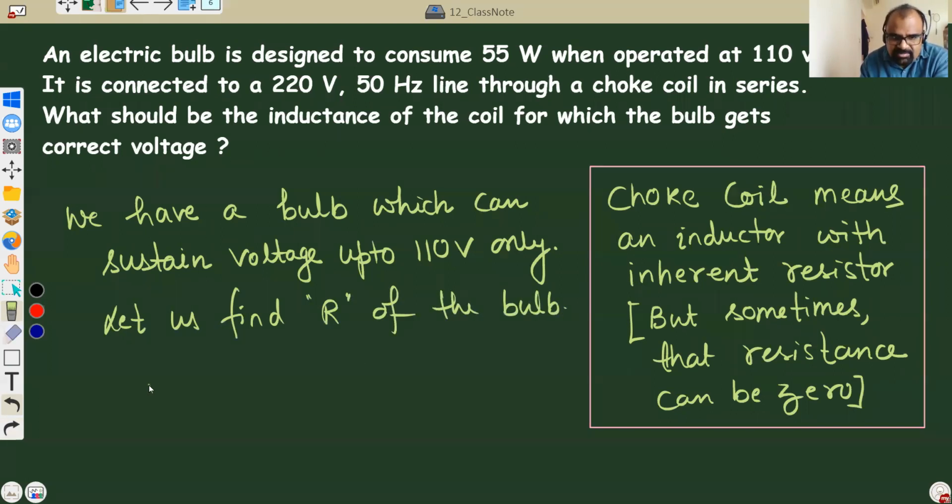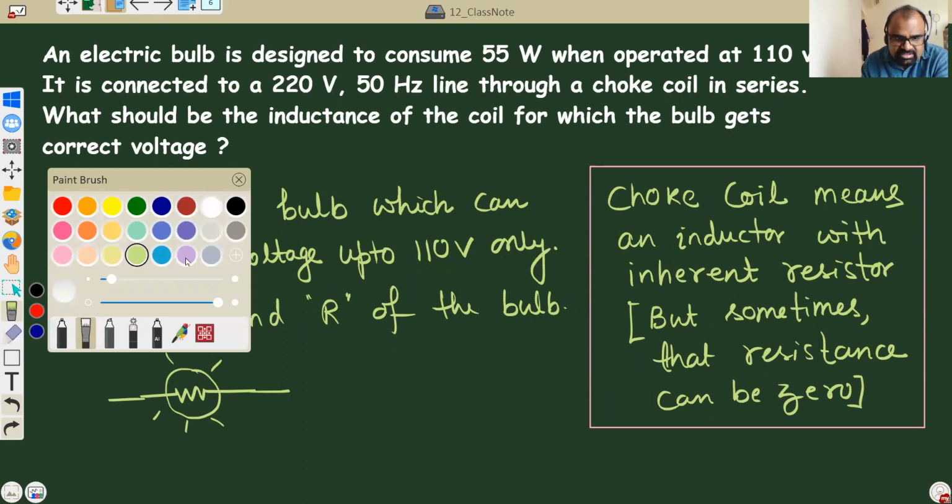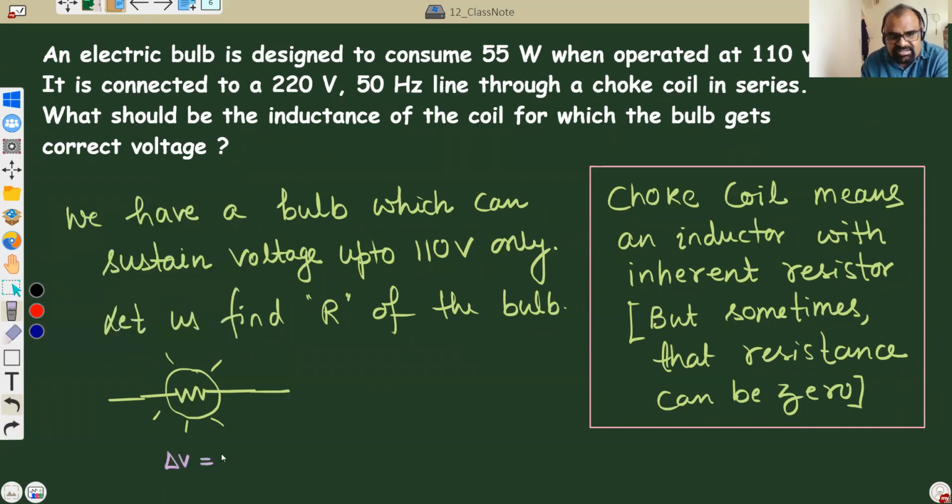Now resistance of the bulb can be easily found because this is the bulb. When the potential difference across this is 110 volt, then how much power is consumed? 55 watt. Okay, so I can use power is equal to V square by R formula. Now you may say, sir, why not I square R?